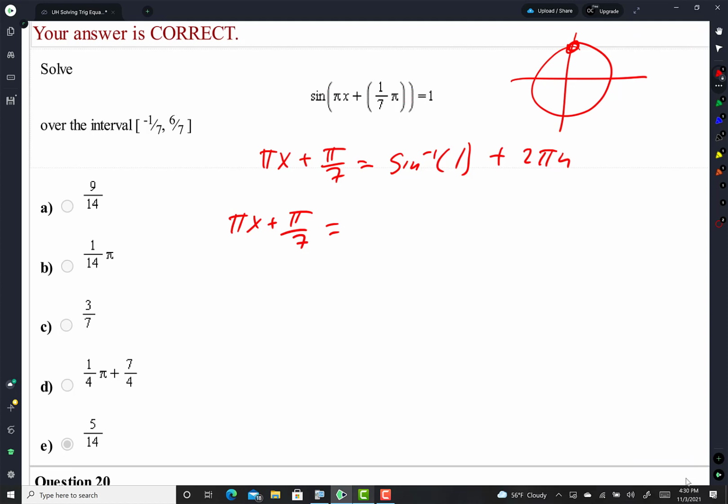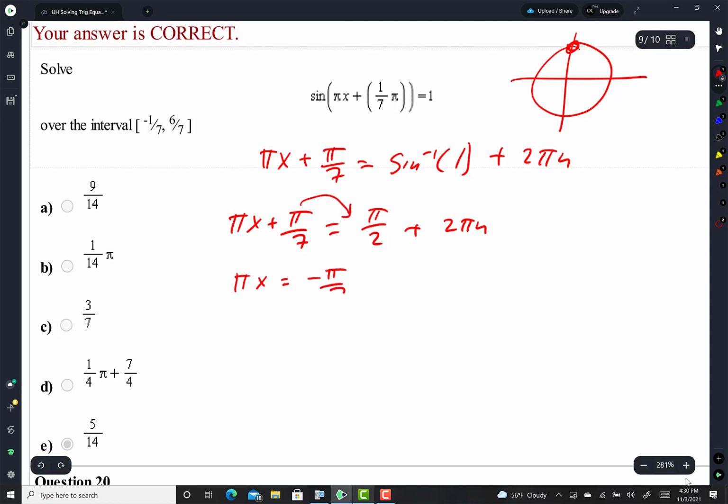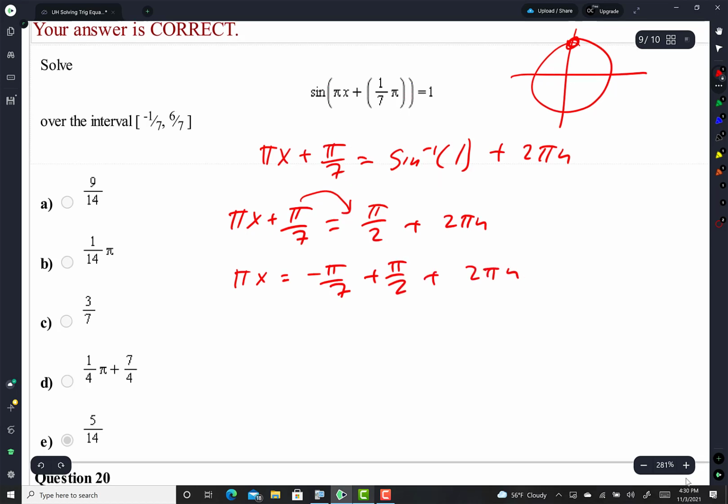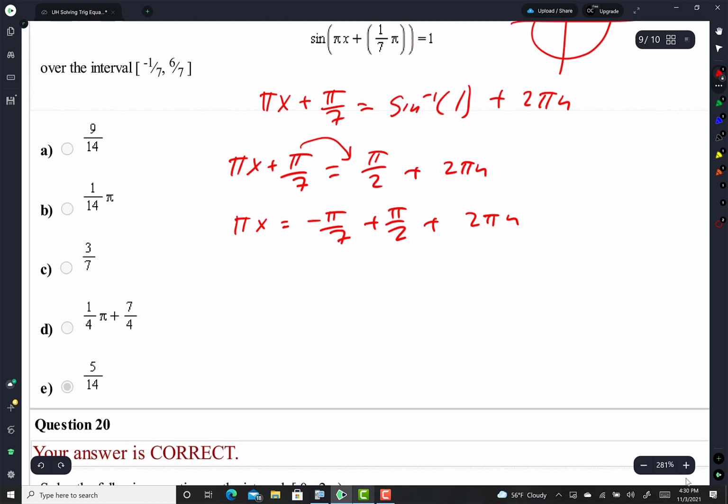Arc sine of 1 is pi over 2. Right? And then I'm just going to move this to the right. Pi x equals negative pi over 7 plus pi over 2 plus 2 pi n. I'm tempted to do common denominator. It doesn't look like any number fits other than 14.